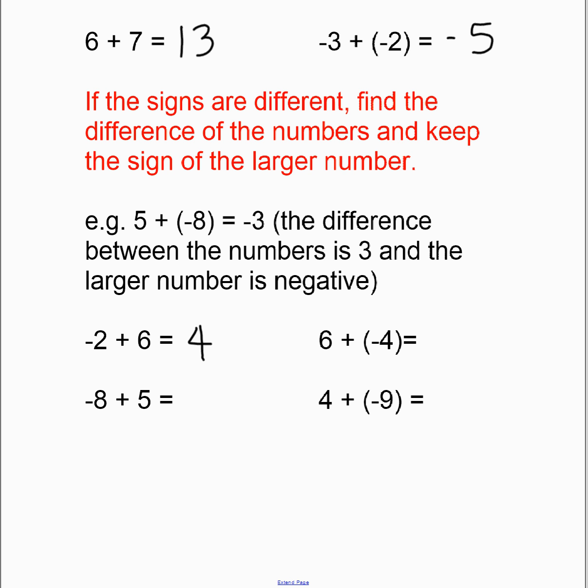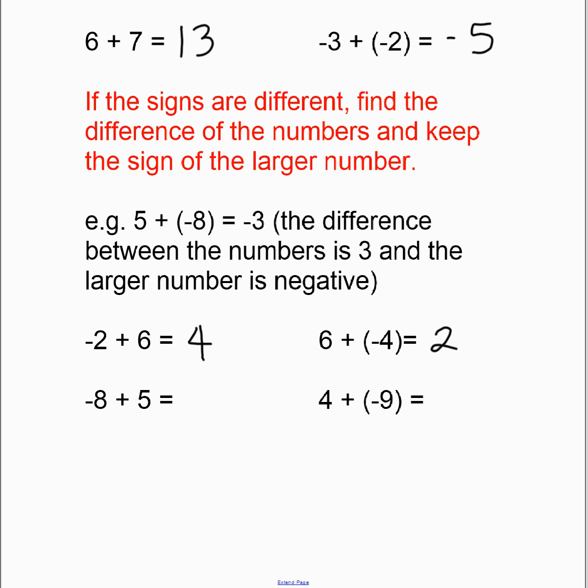When you add a positive, you move to the right on the number line. But when you add a negative, you're actually going to the left on the number line. So you're at 6 and you're moving left 4. That one will be 2.